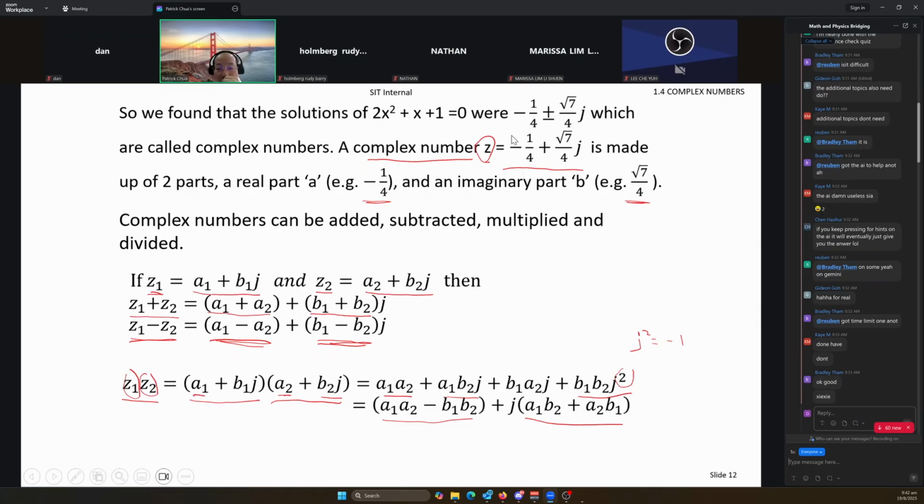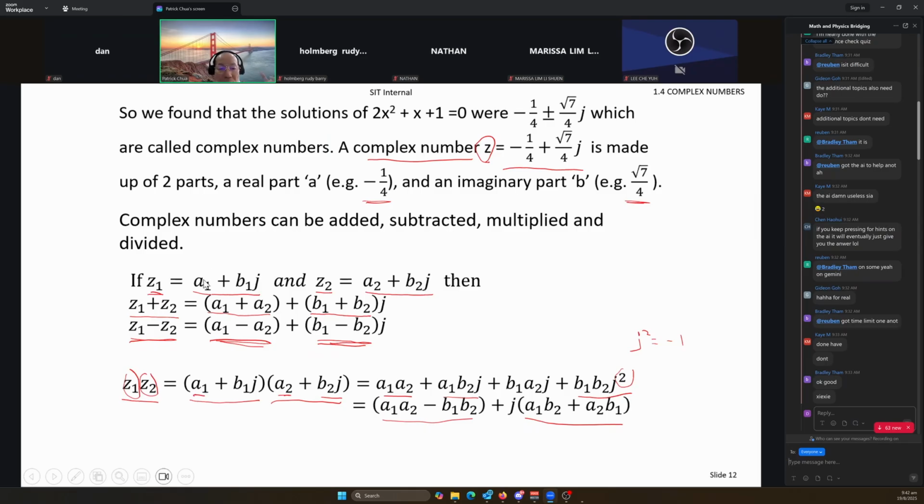It has a real part, which is minus a quarter, and an imaginary part, which is square root 7 over 4. Right? So if you have a complex number, for example, Z1, Z1 is equal to A1 plus B1 J, and another complex number Z2, given as A2 plus B2 J.